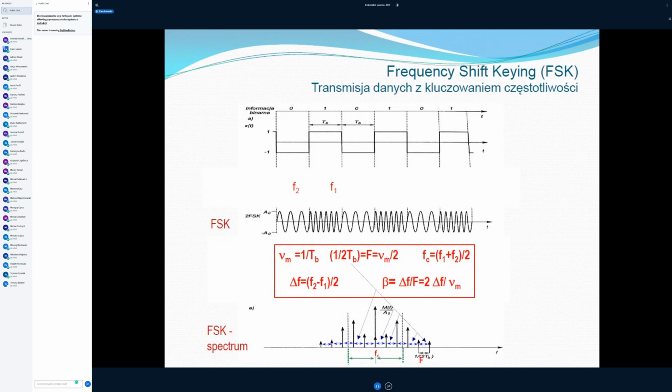Of course, we have to pay attention and be aware of the fact that this is the simplest possible representation of frequency shift keying, when the modulating function is periodical.